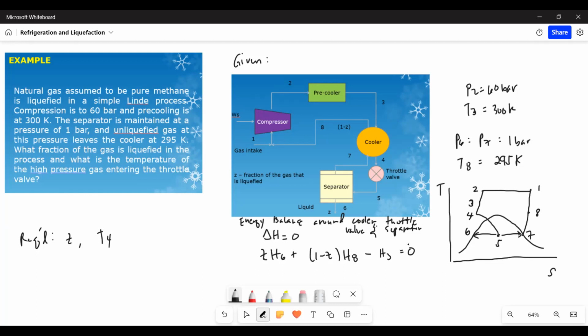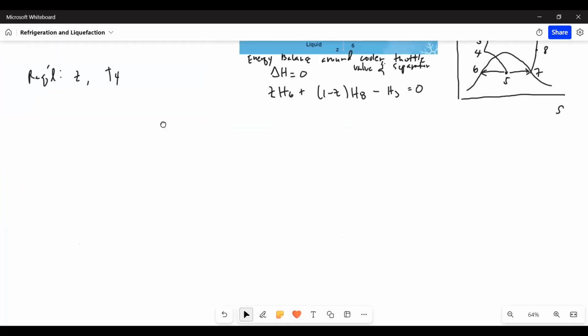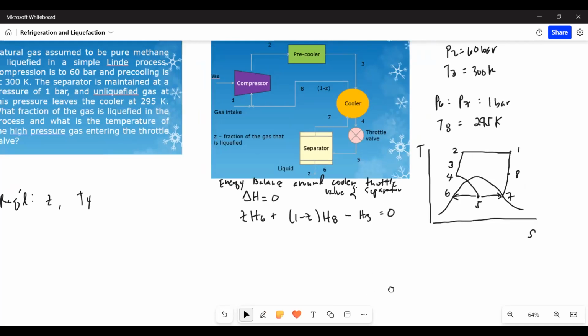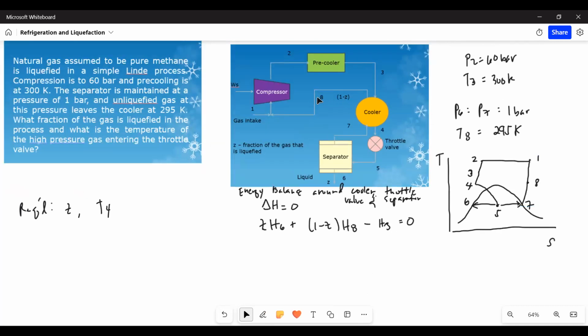What else? So the next step is to find the enthalpy for each of H6, H8, and H3 so that we can solve for Z. Okay, so this is H3. But what are those streams? So 8 is a vapor, superheated vapor. H6 is a liquid.